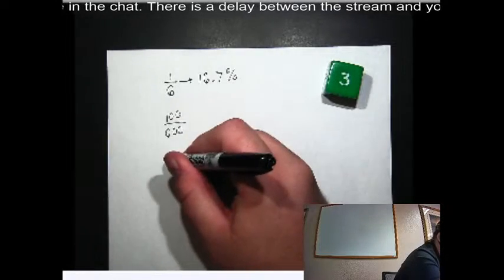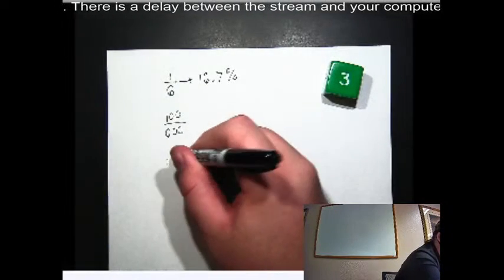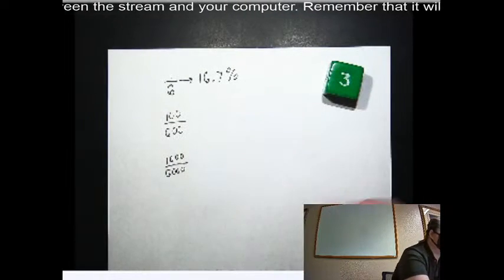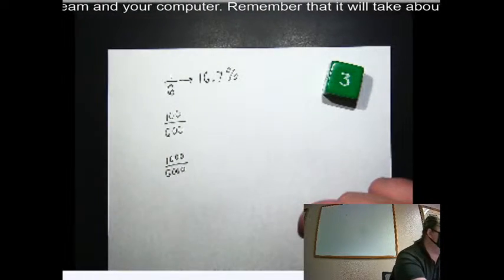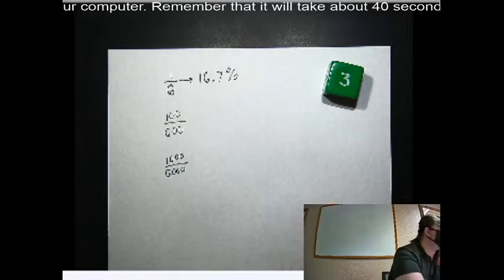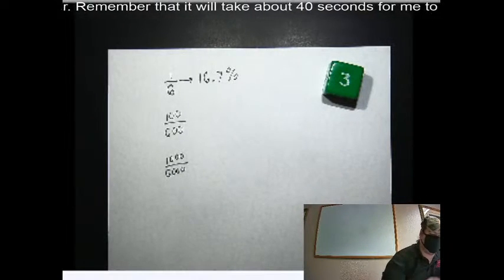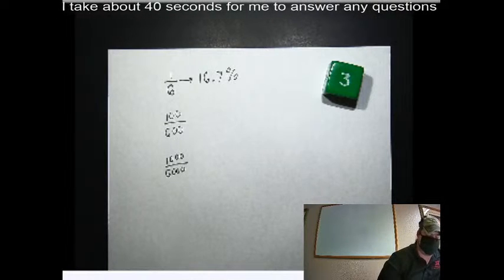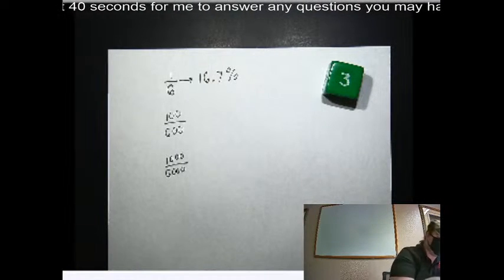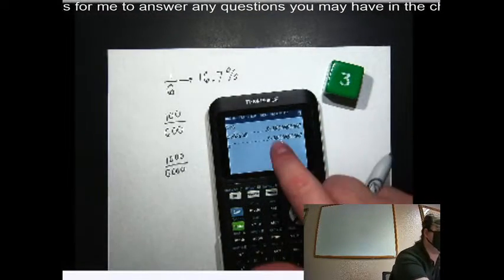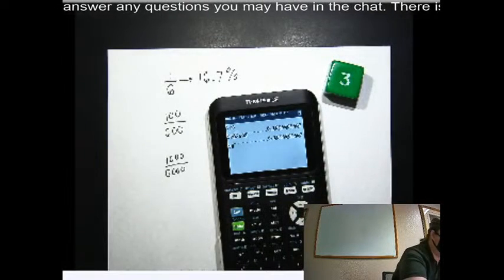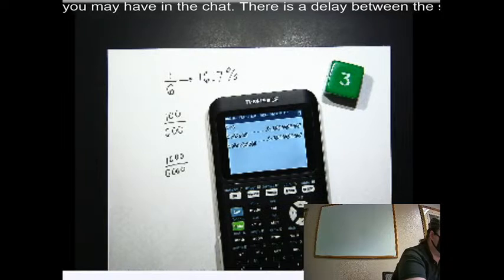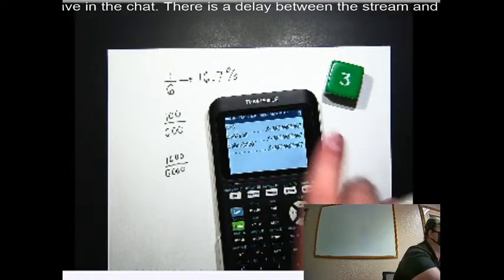If I roll it 6,000 times, about 1,000 of them will be a 3. All of these, if we were to divide them, so 100 divided by 600, or 1,000 divided by 6,000, that's still the same percent.